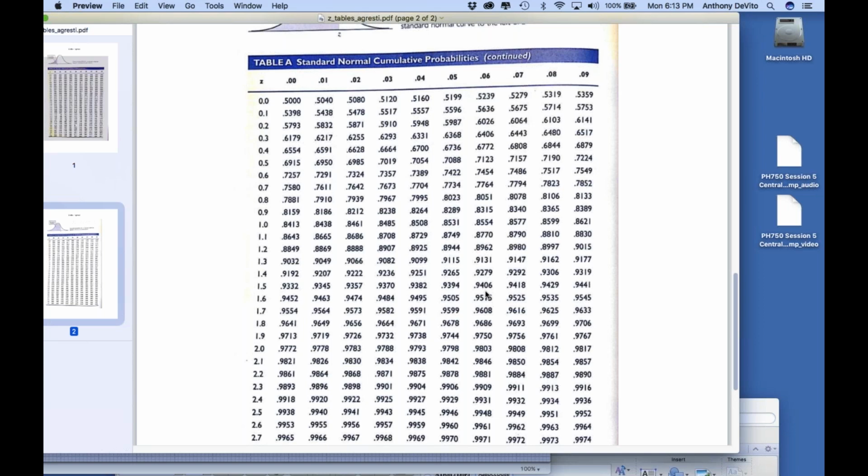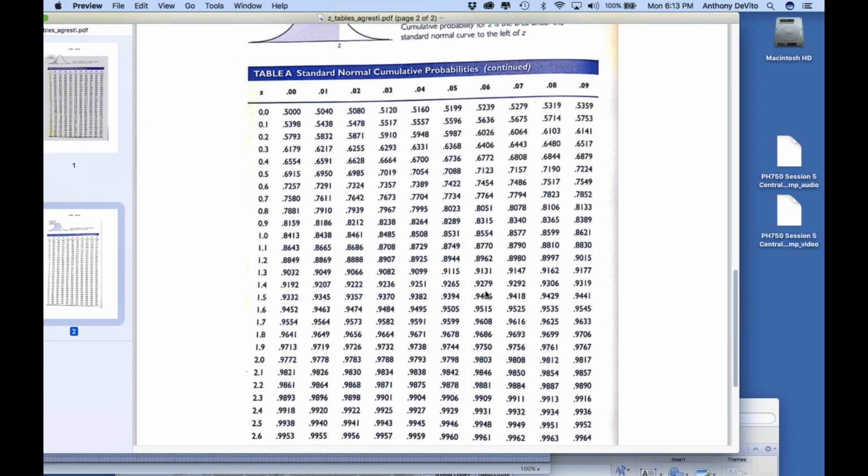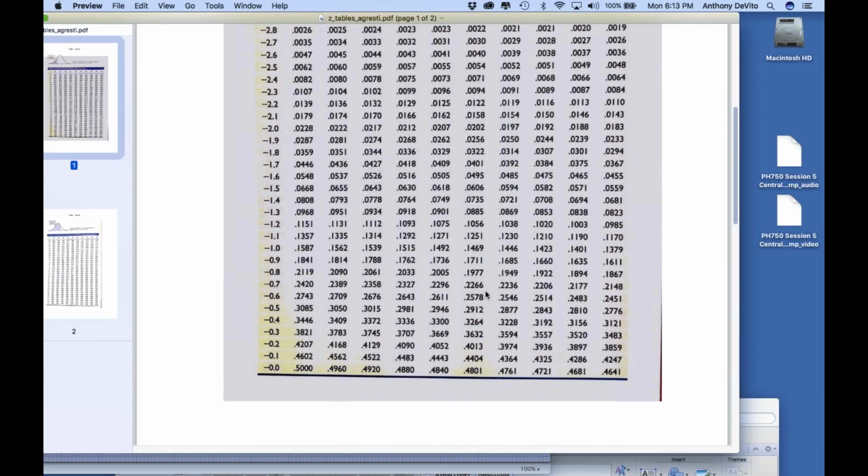We're also very frequently interested in the middle 90% of the values. For the middle 90%, if you look at the table carefully and go to 1.64 below and 1.64 above, that'll give you 5% on the left side and 5% on the right side, and that'll give you the middle 90%. That value is 1.64.